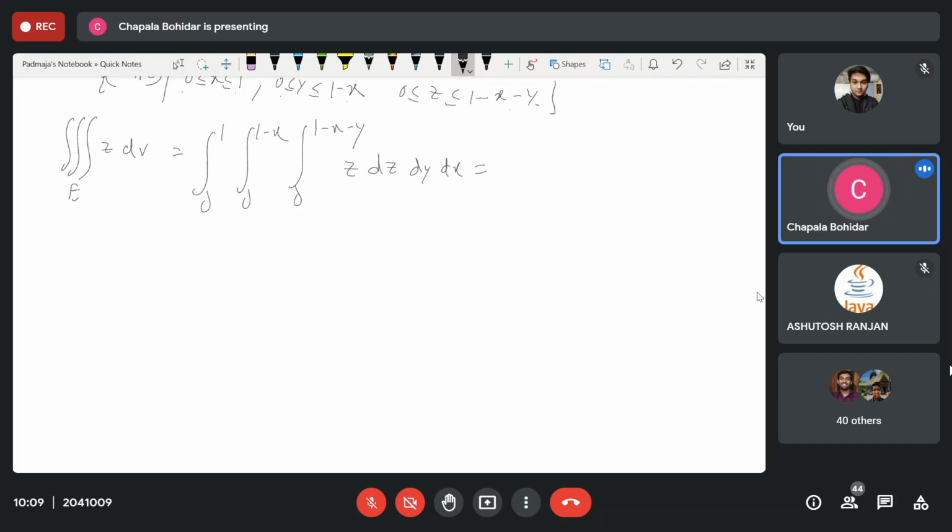Now I'm doing here, so it is z square by 2, 0 to 1, 0 to 1 minus x, z square by 2, limiting value 0 to 1 minus x minus y, then dy dx.